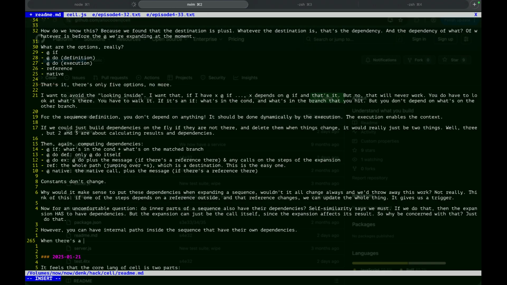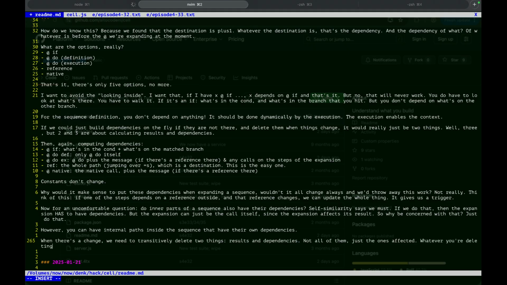When there's a change, we need to transitively delete two things: results and dependencies. Not all of them, just the ones affected. Whatever you are deleting the result for, you're also deleting its dependency and recomputing it.